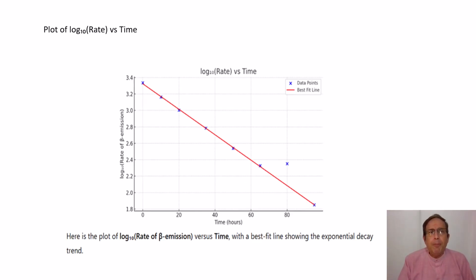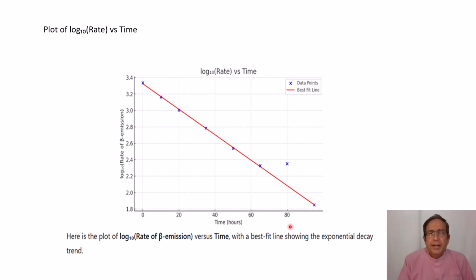So here we have the plot of log to the base 10 of the rate versus time, and you can see it's a straight line, and time is given in hours on the x-axis, and the logarithm to the base 10 of the rate is given on the y-axis. And you can see you have a straight line with one exception which you can neglect.